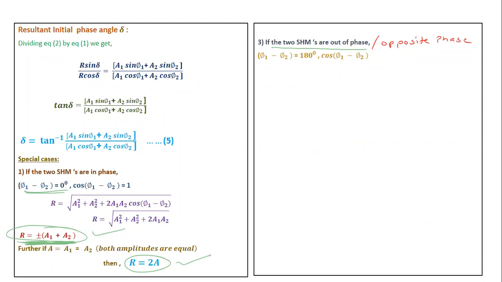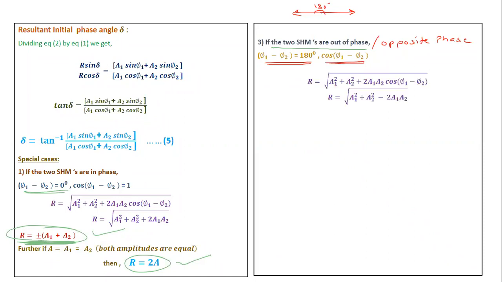Opposite phase means you know that one is moving to this side and one is to this side, so the angle is 180 degree. If two SHM are in opposite phase or out of phase, then the phase angle is 180. And cos 180 is minus 1.